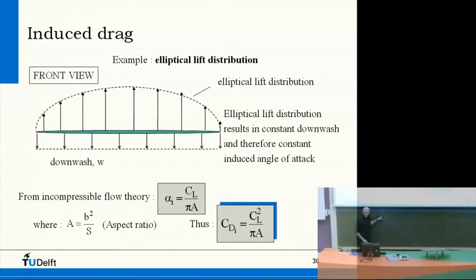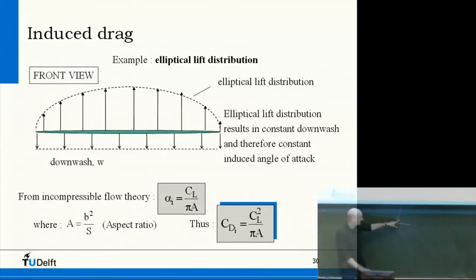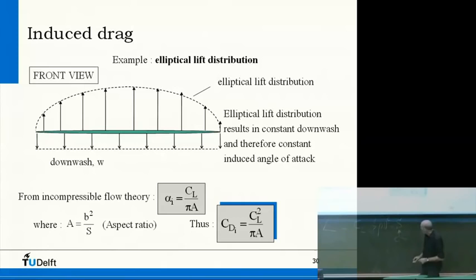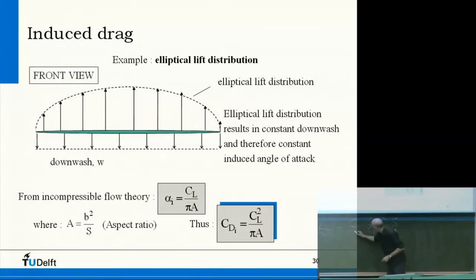Obviously, the induced drag has something to do with the lift, right? And the lift force is C_L times half rho V squared times S. And in this S, we have the chord times something, depending on the span and whatever. But there is a chord there. So if you want to have a certain distribution of lift in the span-wise direction, then you can certainly do something with the C_L, so a certain airfoil, but you can also play around with the S, so with the chord.